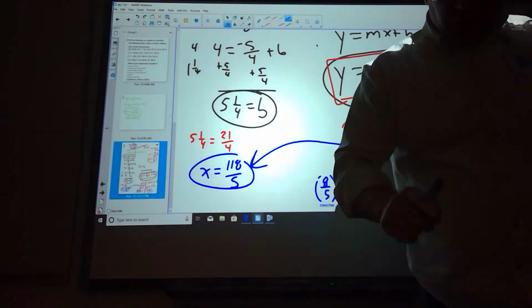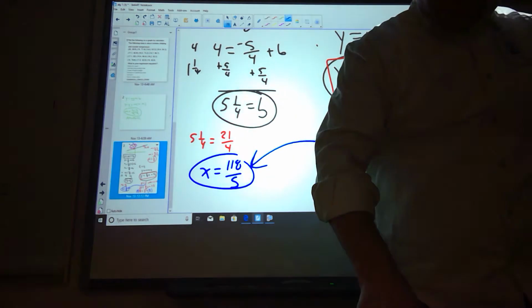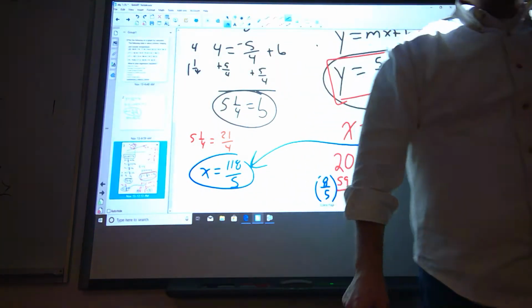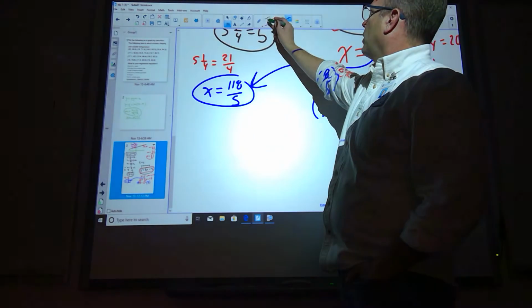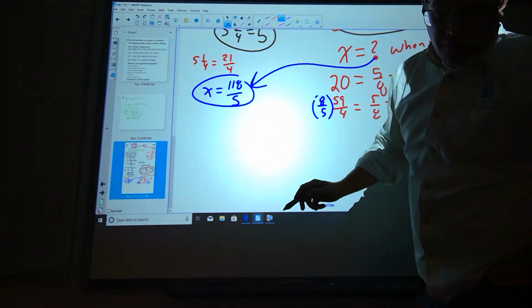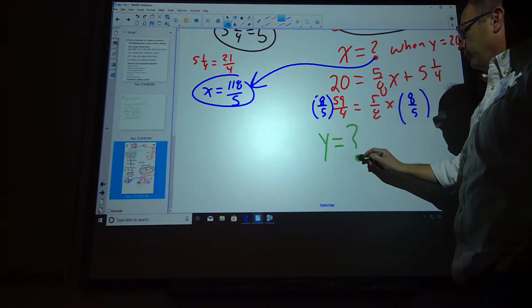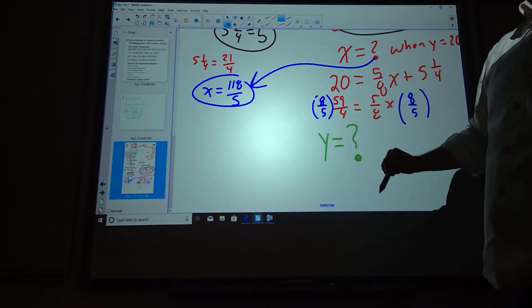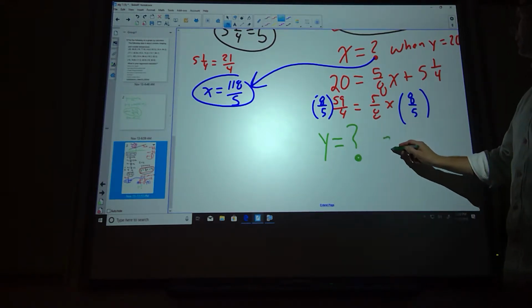Okay, now letter C says use the line in part A to calculate y when x is 5. So we want to figure out what y is equal to when x equals 5.